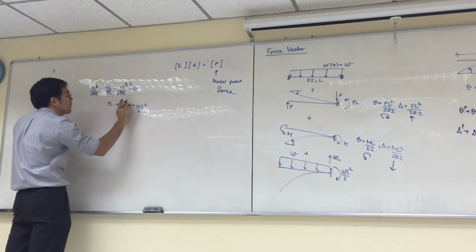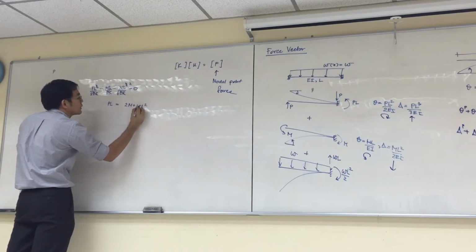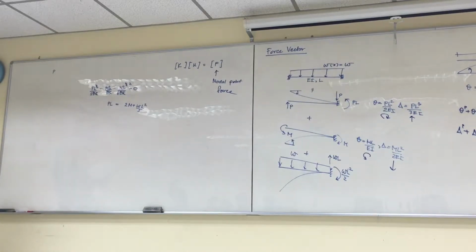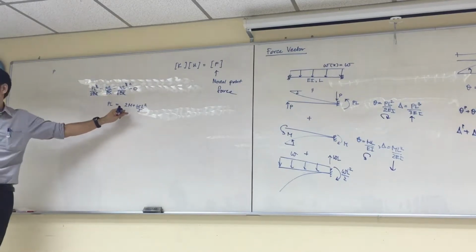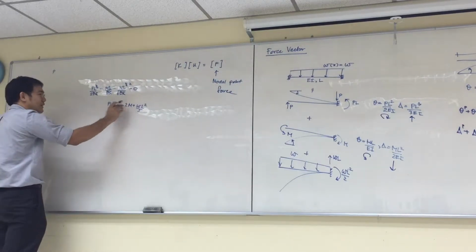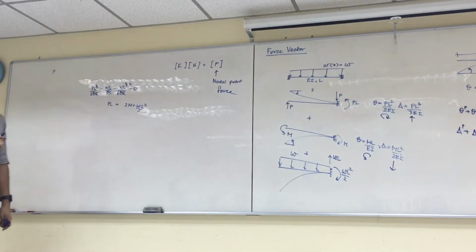Let's make it 2M over 3... Now you represent the P in terms of M and W. W has to be known. If you don't know W, you don't know anything. So that is known, and the only unknowns we have here are P and M. Then come to the next equation.